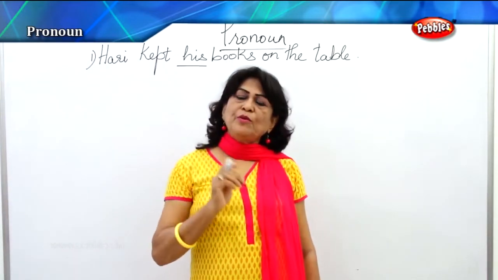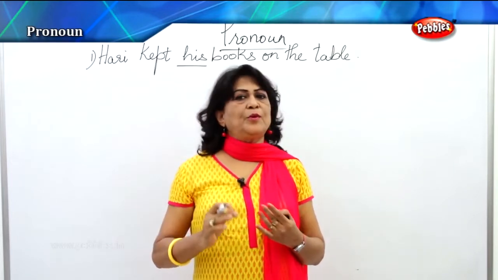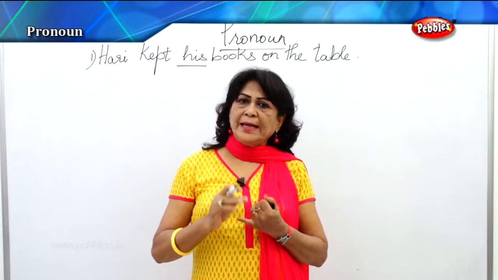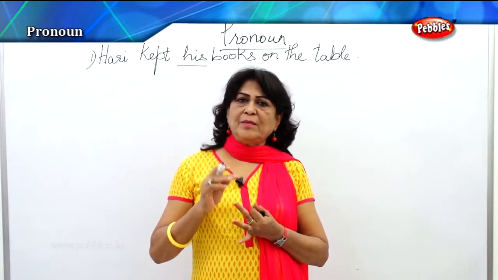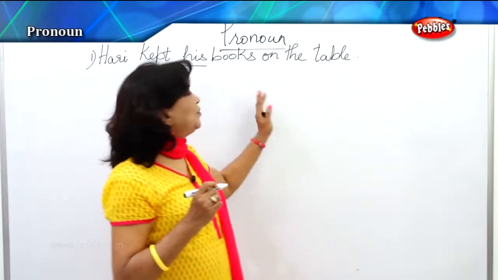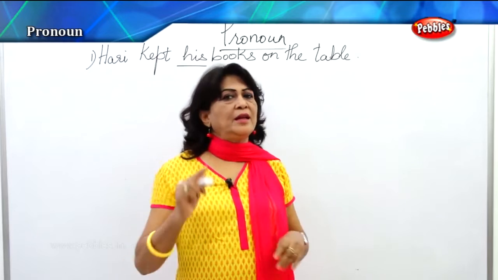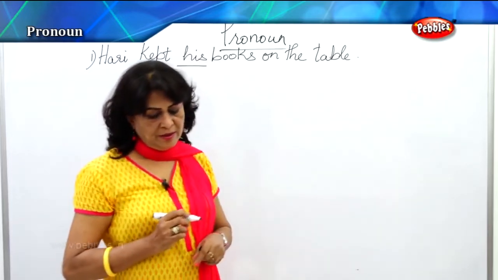Okay, now before we go in for this, I should tell you there are somewhat personal pronouns and they are only his, her, mine, all these. Okay, now I will just give you 5 sentences and then we will discuss the personal pronouns and then I will tell you how to find out the pronouns.